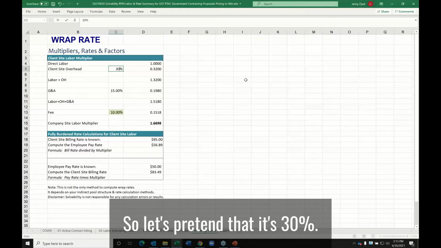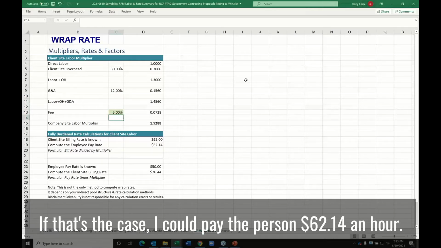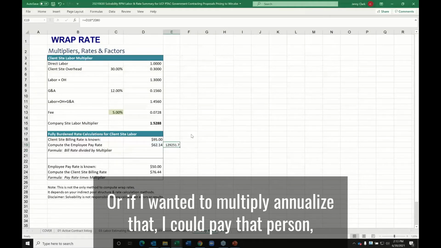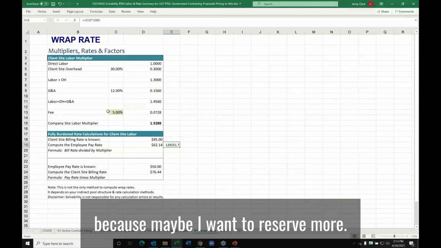So let's pretend that it's 30% and my G&A is only 12% and my profit is 5%. If that's the case, I could pay the person $62.14 an hour, or if I wanted to multiply it, annualize it, I could pay that person like $130,000. I don't necessarily want to tell the program manager that, because maybe I want to reserve more fees.